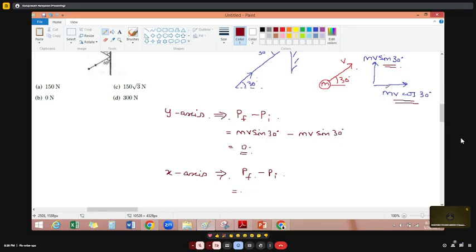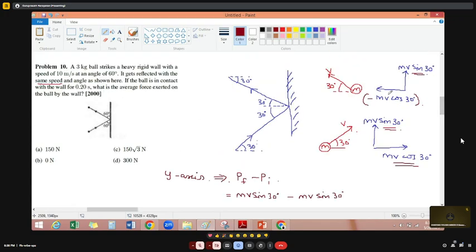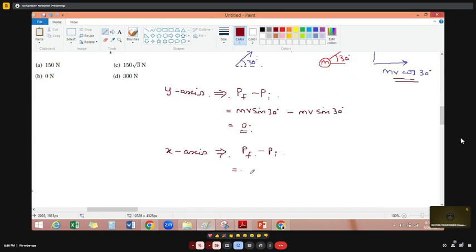Final is minus this way, this is final, this is initial, so minus mv cos 30. Minus initial, which is mv cos 30. That means it will not cancel, it will add up. So minus 2 mv cos 30.